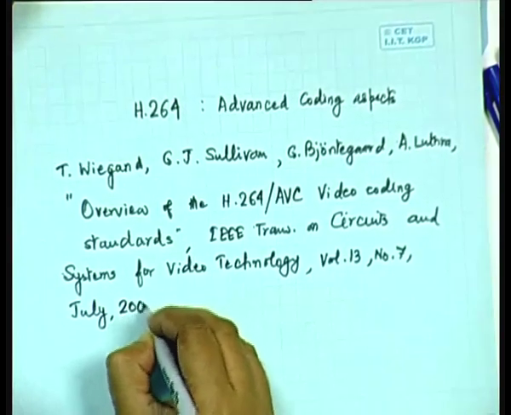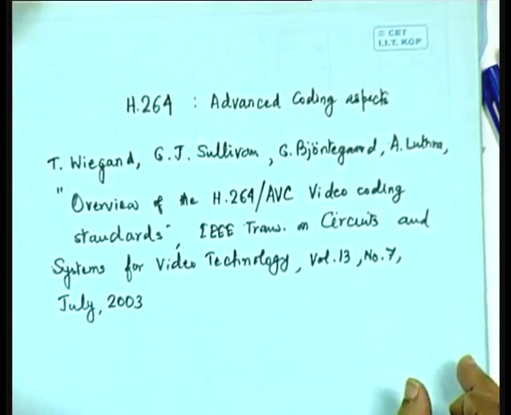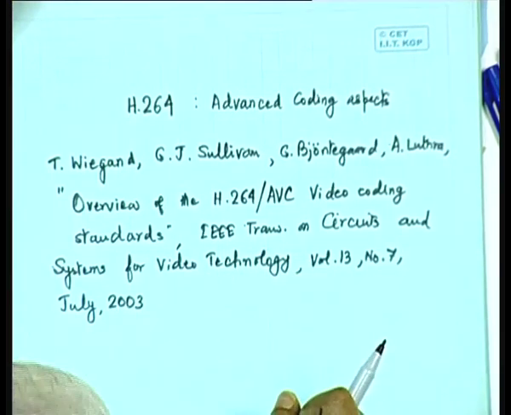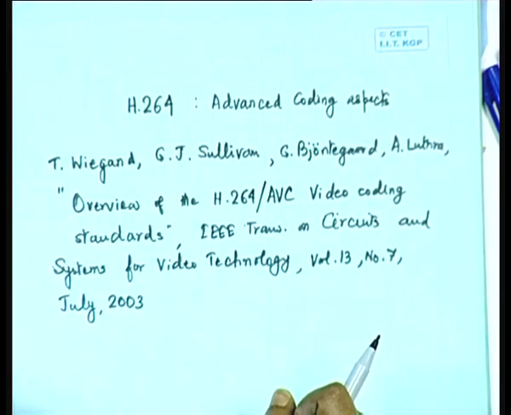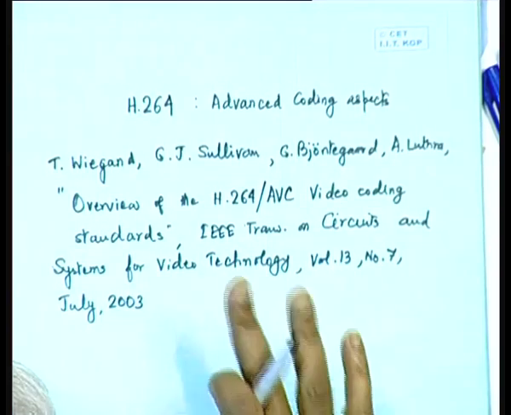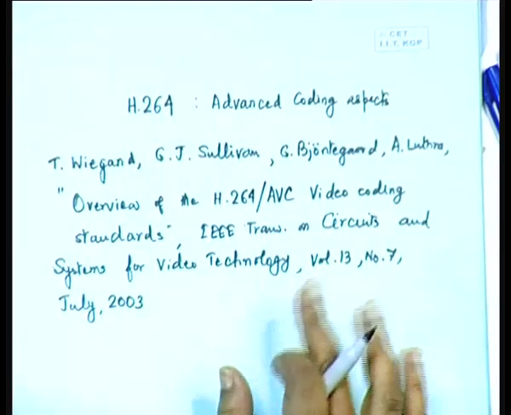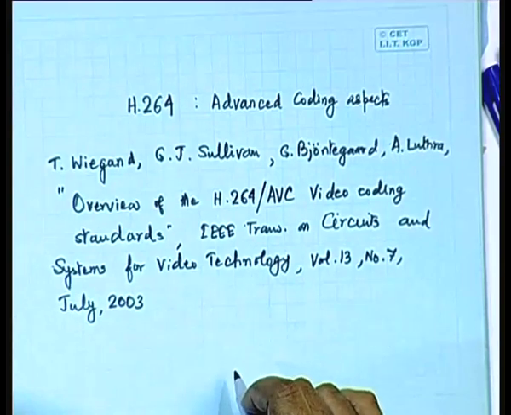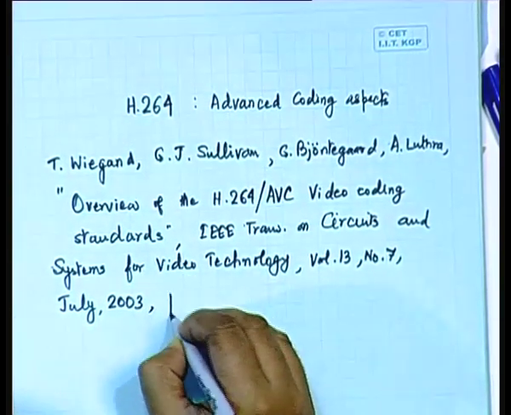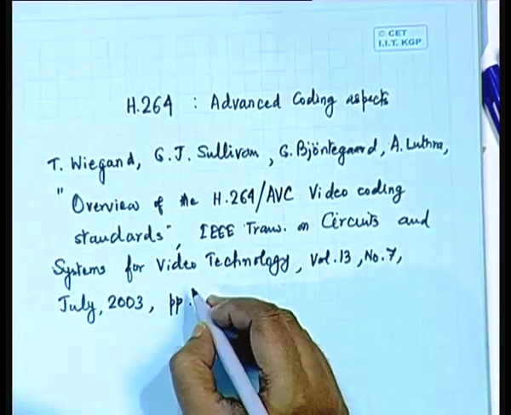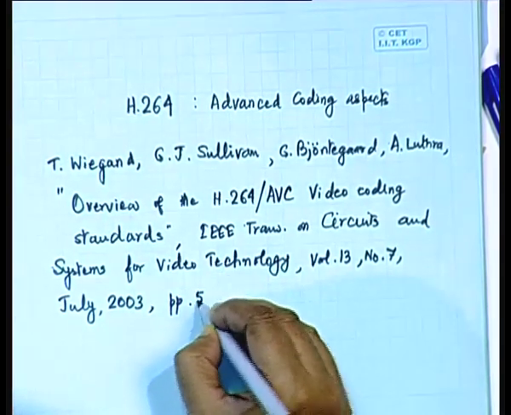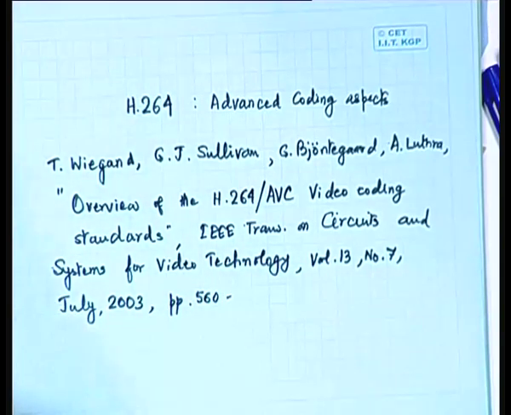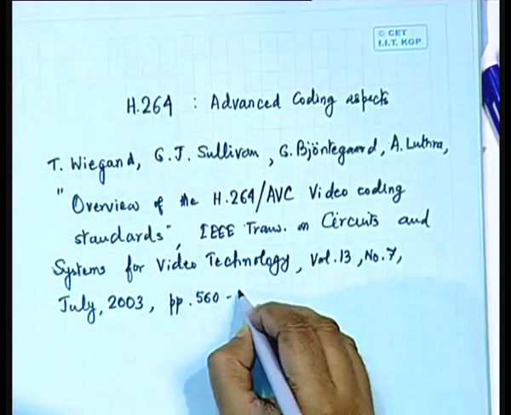As a matter of fact, July 2003 happens to be the special issue of the IEEE Transactions on Circuits and Systems for Video Technology. So, those who are interested in knowing various aspects of H.264 are very strongly recommended to go through this particular IEEE journal paper very thoroughly, because you will be finding a lot of useful references there. The page numbers for this paper are 560 to 576.